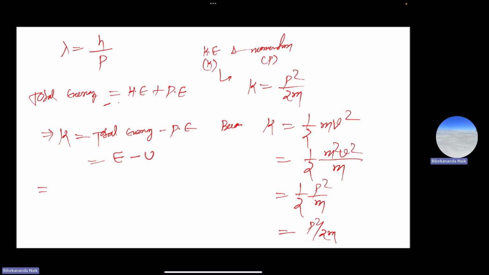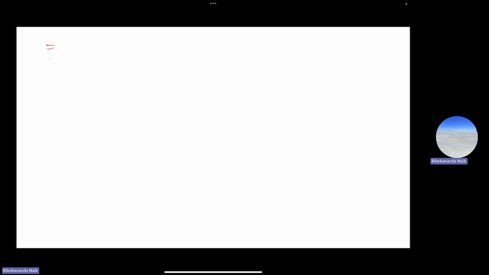So p square by 2m is E minus U. p square is 2m into E minus U. That implies p is root over 2m(E minus U).